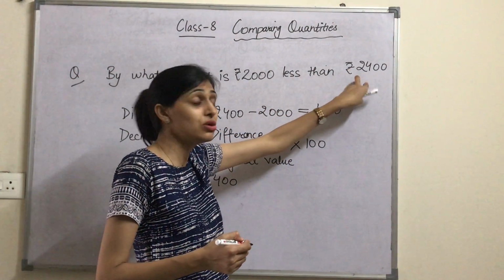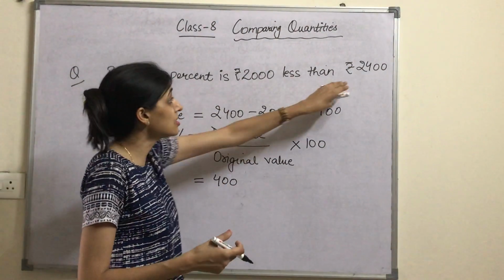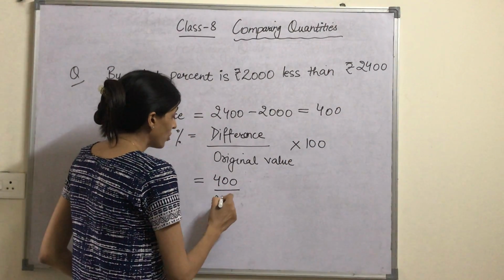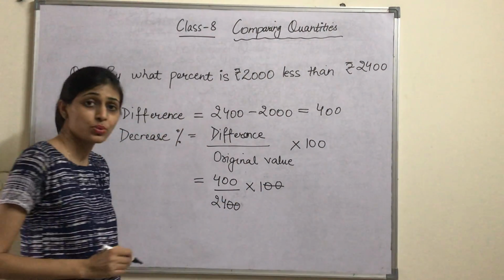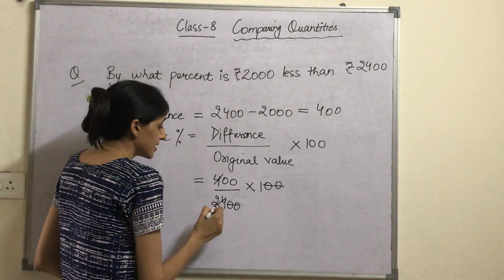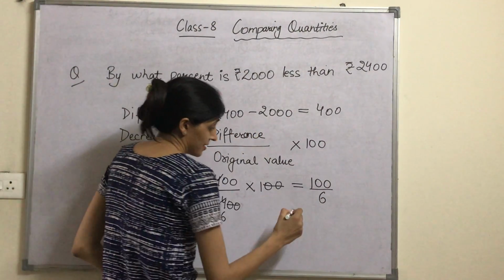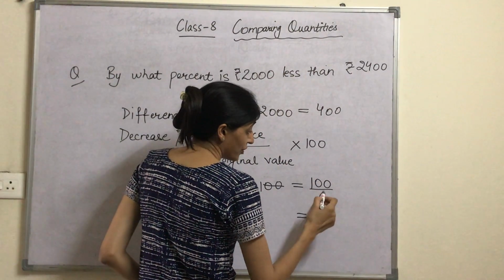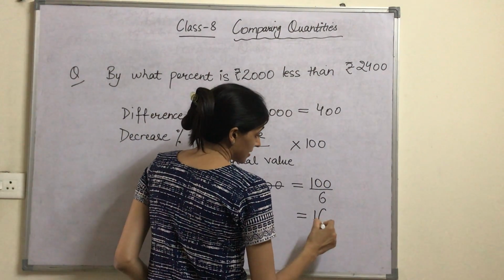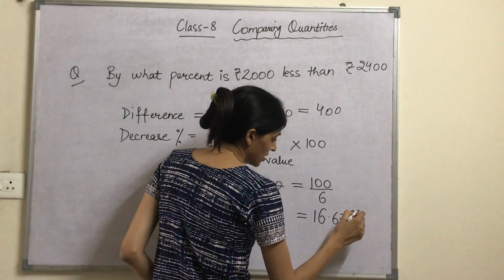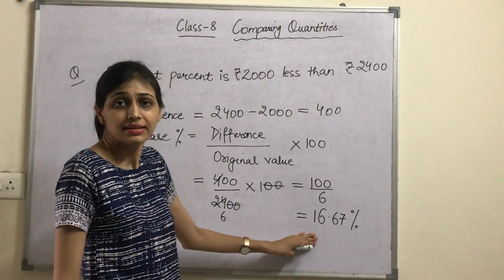So we write 400 upon 2400 into 100. The two zeros cancel, 4 sixes are 24, so this comes out to be 100 by 6. Dividing 100 by 6, it comes out to be near about 16.67%.